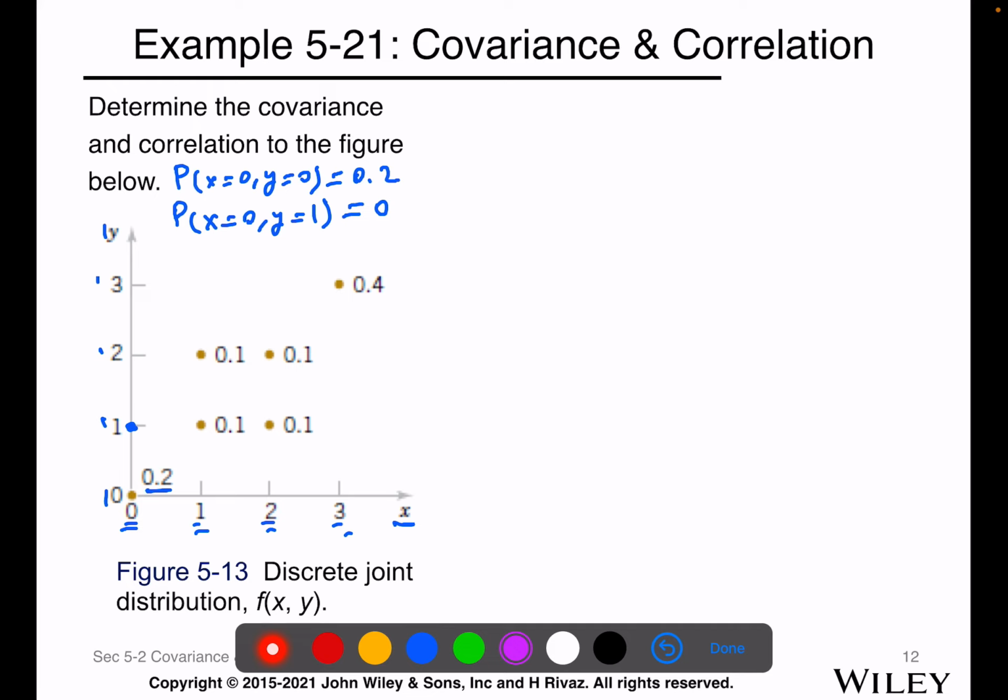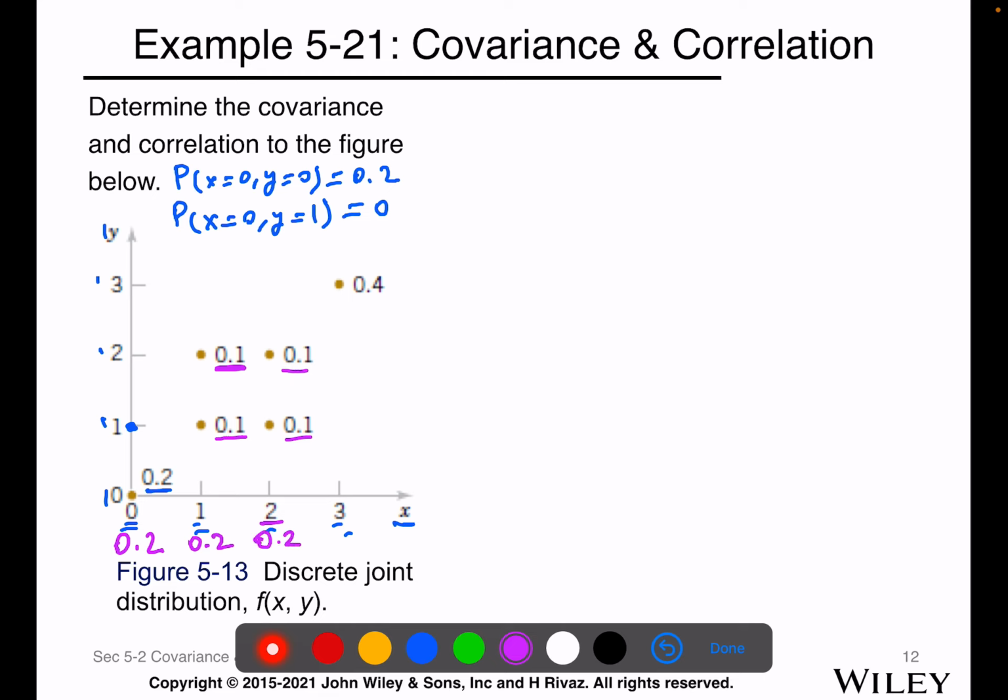So what is the probability of x equal to 0? I'm going to add up all the probabilities here. So probability of x equal to 0 is 0.2, right? Because there's only one case that x can be 0. Probability of x equal to 1 is the summation of these two guys, and that's also going to be 0.2. Probability of x equal to 2 is going to be the summation of these two guys again, so that's again 0.2.